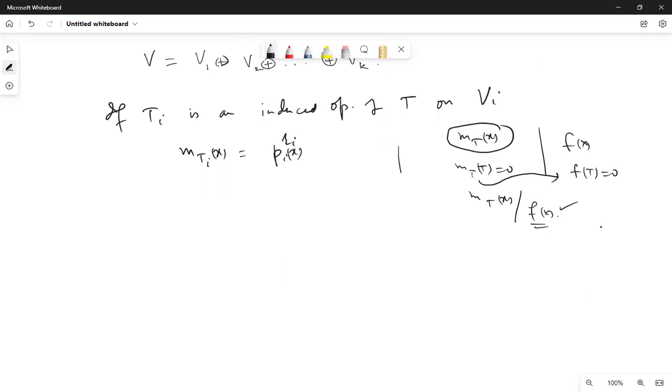So notice that Pi(T) raised to the power ri applied on Vi is 0 for all vectors v belonging to Vi. I write v belonging to Vi because Vi may not be countable.